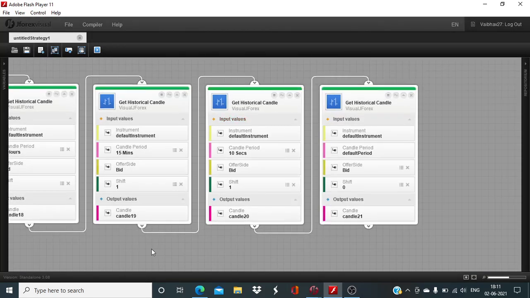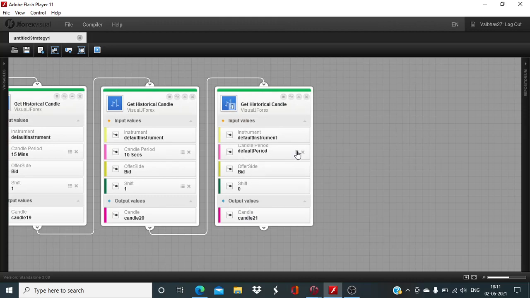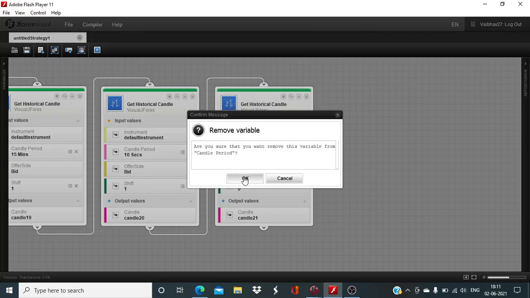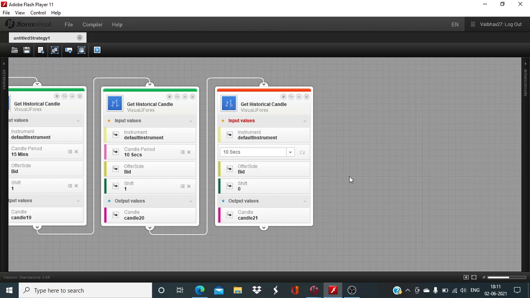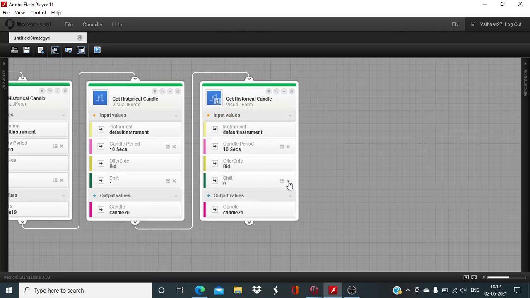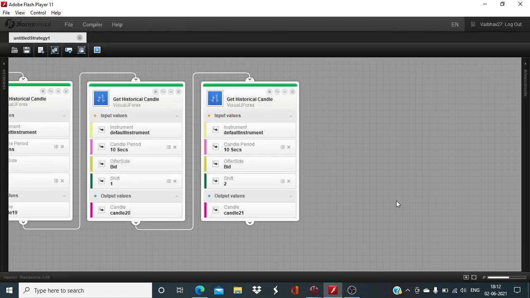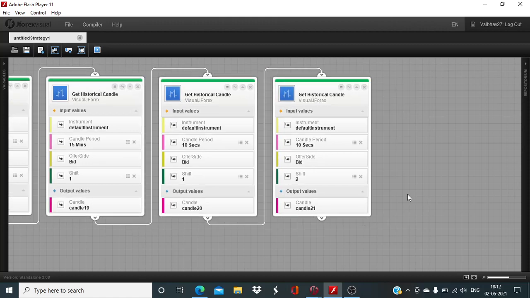Here also shift value of 1. This will be changed to 10 seconds, as this is just simply going to be used to define the entry point, and this will be shift to 2.